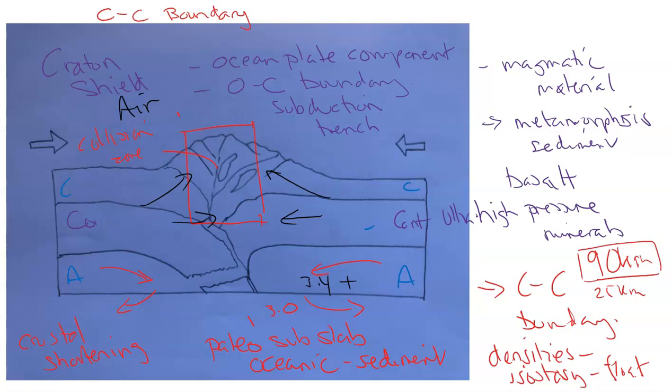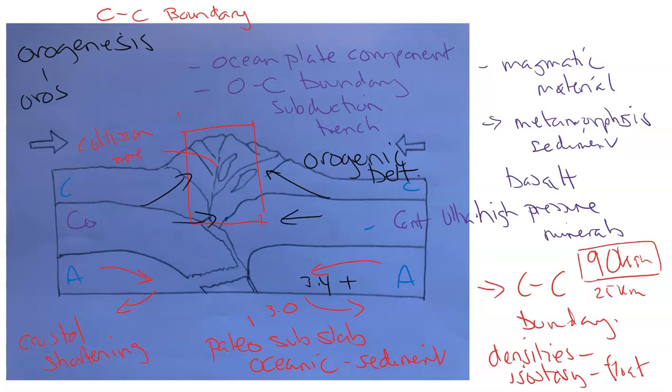So this is going to be an increase in mass, and you're going to form what's called an orogeny, or an orogenic belt. A long, wide, high elevation mountain range called an orogenic belt, which comes from the word orogenesis, and oros is Greek for mountain, and genesis is Greek or Latin for earth.